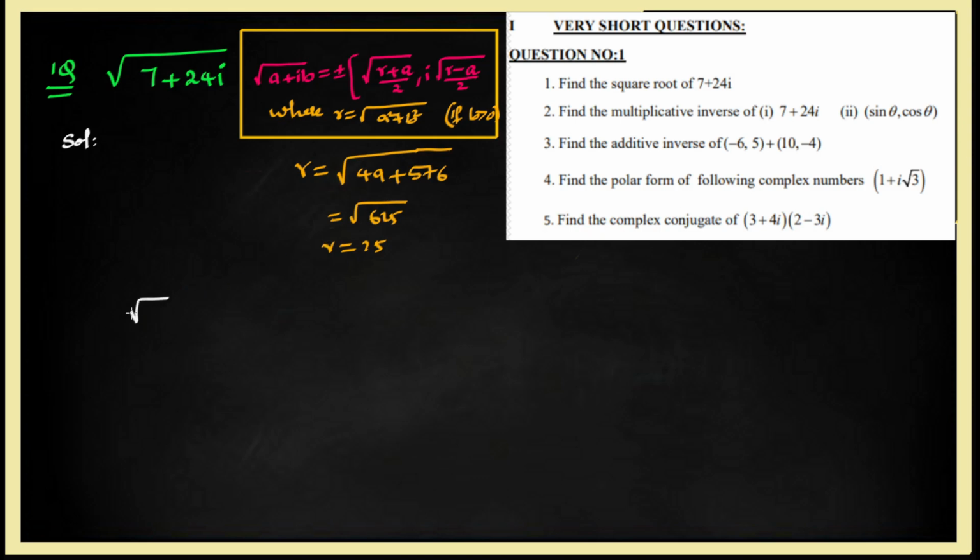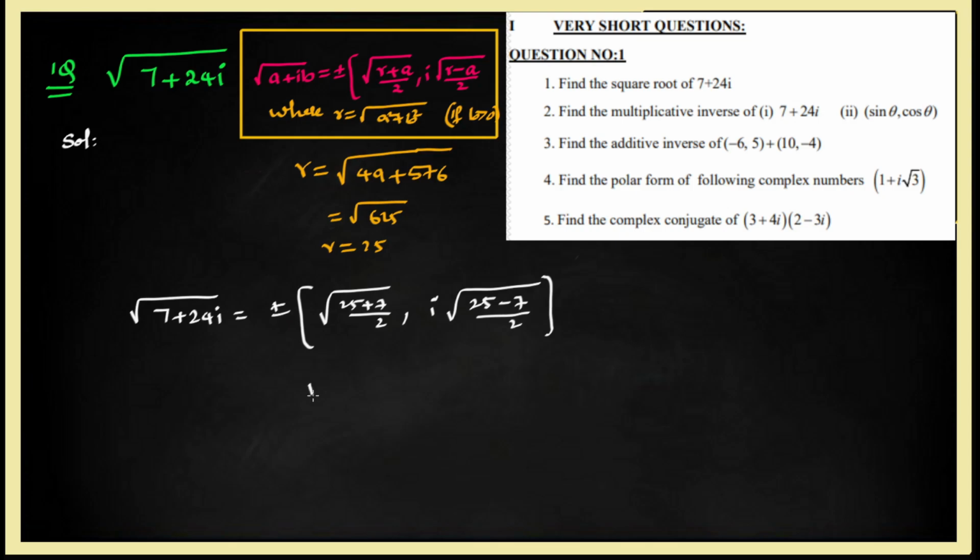So the square root of 7 plus 24i is plus or minus root over r, that means 25 plus a, that means 7, divided by 2 comma i times root over 25 minus 7 divided by 2. So what about 25 plus 7? That is 32 divided by 2 is 16.